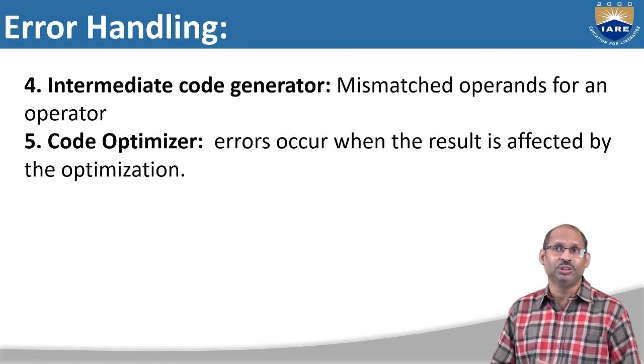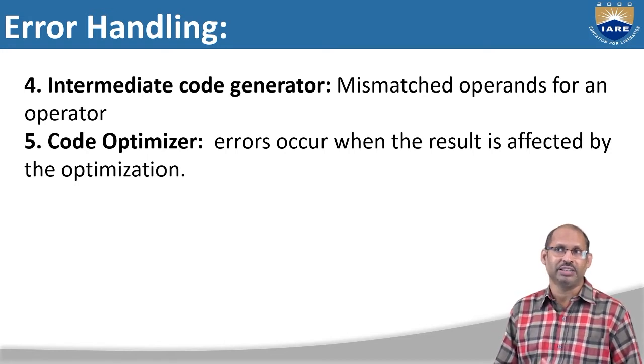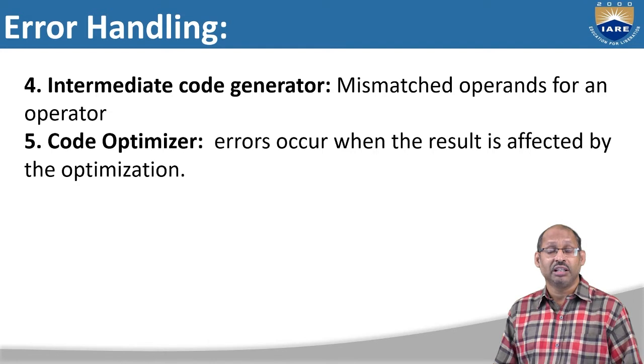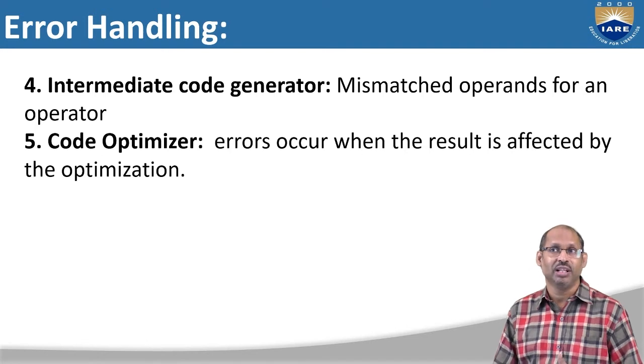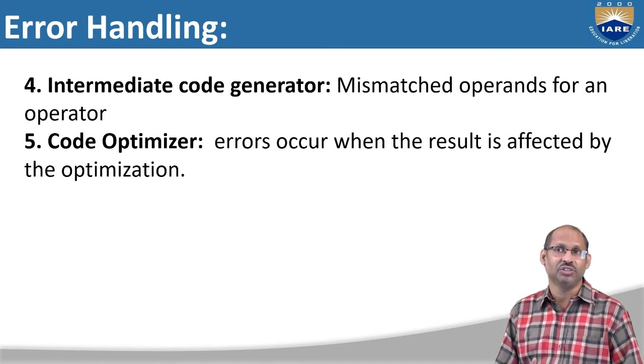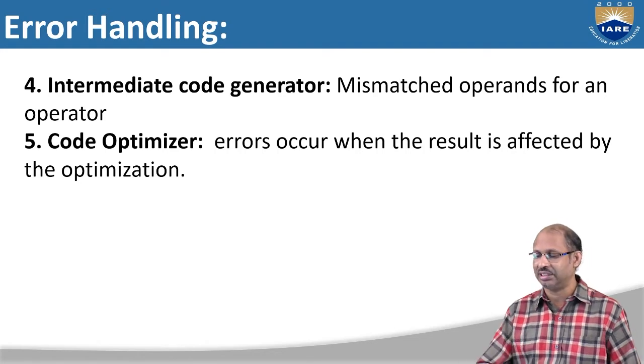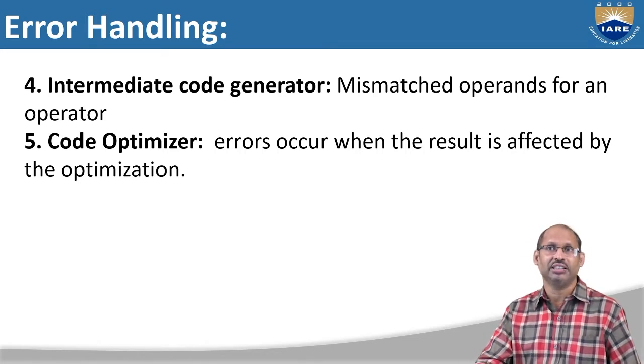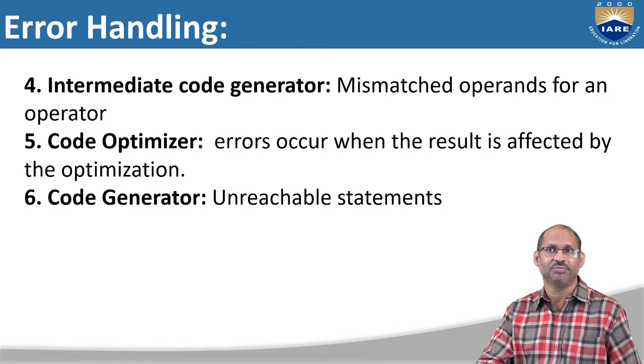Then next comes the code optimizer. Here it has to optimize the code, but the results must be the same. If the results are affected, then it gives error messages.